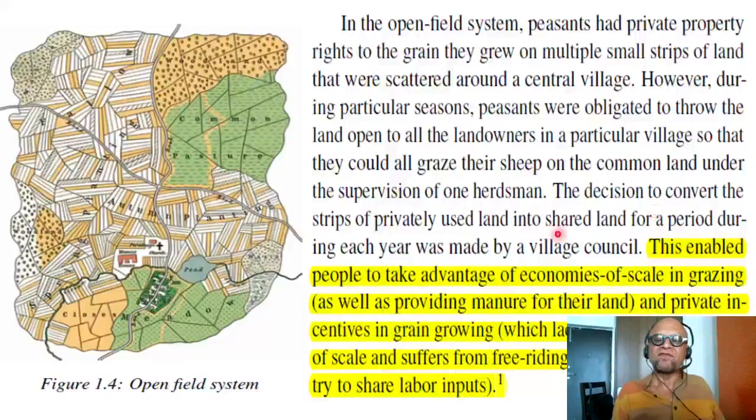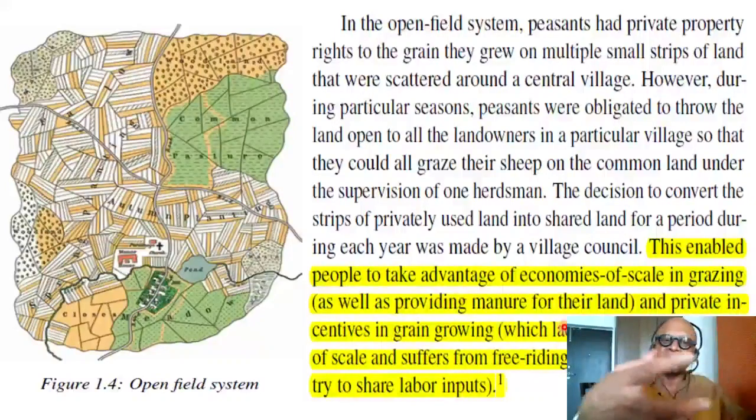The decision to convert the strips of privately used land into shared land for a period during each year was made by a village council. So there were rules. This enabled people to take advantage of economies of scale in grazing, as well as providing manure for their fields, because the feces that the animals dropped was actually organic manure, that was fertilizer. And private incentives in grain growing, which lacks the important economies of scale and suffers from free riding when communal groups try to share labor inputs.